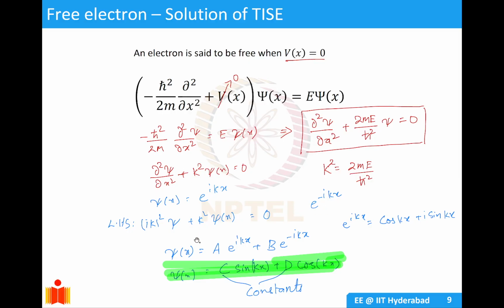So in the generalized form we can write psi of x equals a e power iota kx plus b e power minus iota kx. And if we open it in this form, we can write it as c sin kx plus d cos kx, where c and d will be some constants.